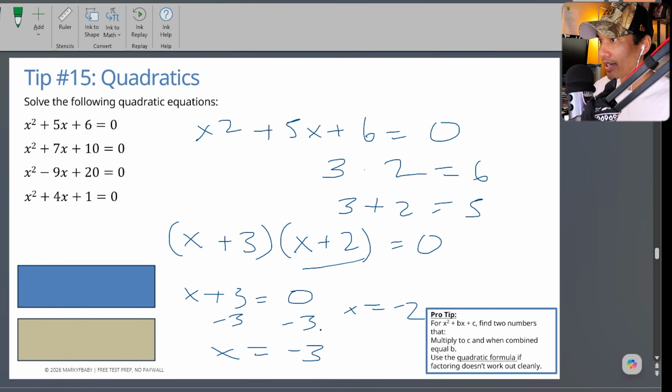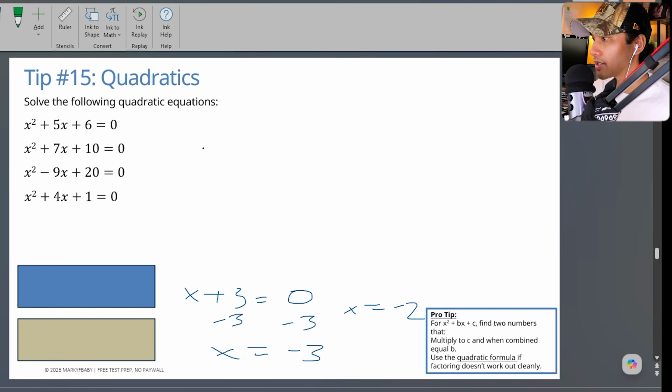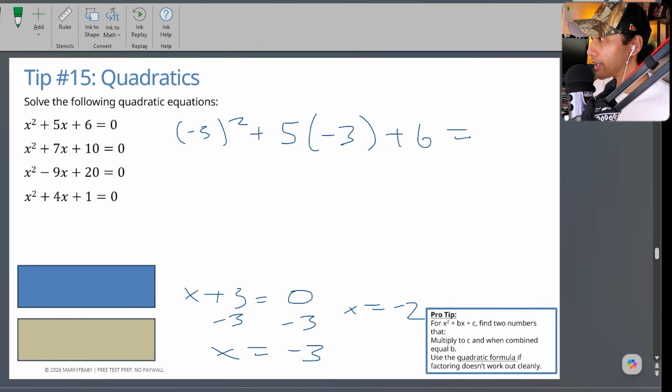Okay, and if we plug that in, we will get the right answer, right? So let me go ahead and do this. We said it's x equals negative 3 and x equals negative 2. So let's start with negative 3. Negative 3 squared plus 5 times negative 3 plus 6 equals 0.